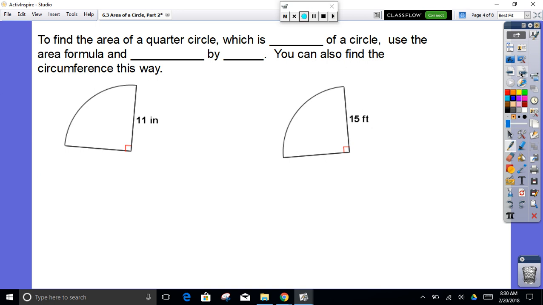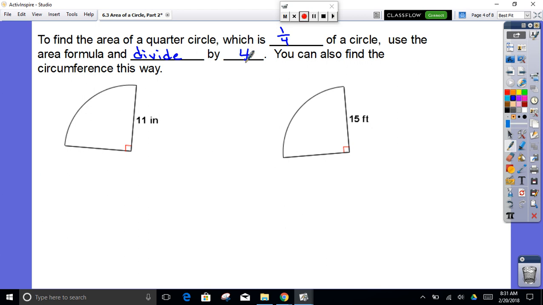All right, so to find the area of a quarter circle, which is 1/4 of a circle, you're going to use the area formula, and what do you suppose you're going to do? If you're finding the area of a fourth, Devin, divide by 4.